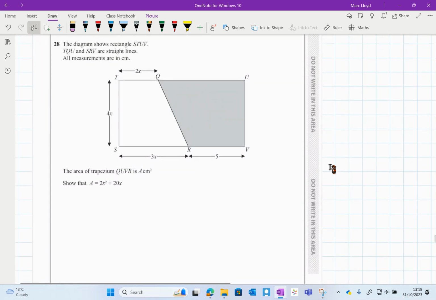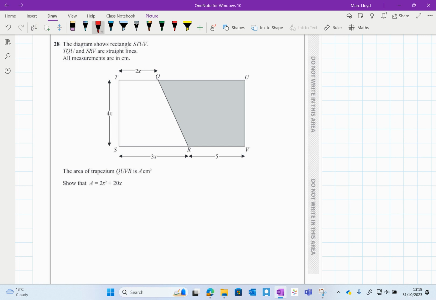Oh, STUV. What a question this was to mark. The area of trapezium is A. QU, right? Show that the area is that. So, okay. First thing I need, because this whole length is 3x plus 5.